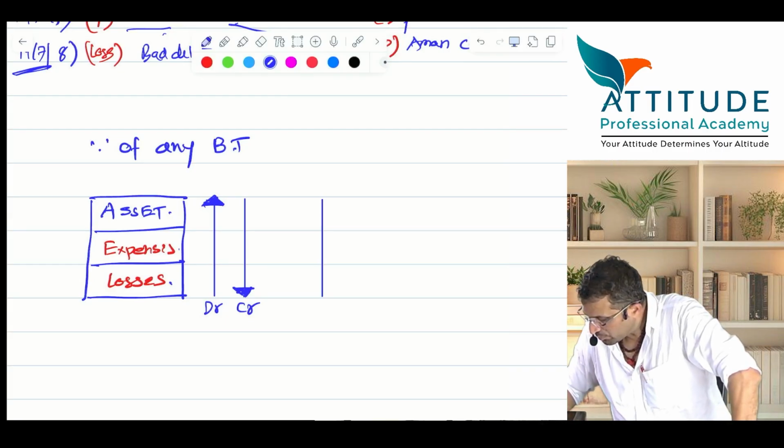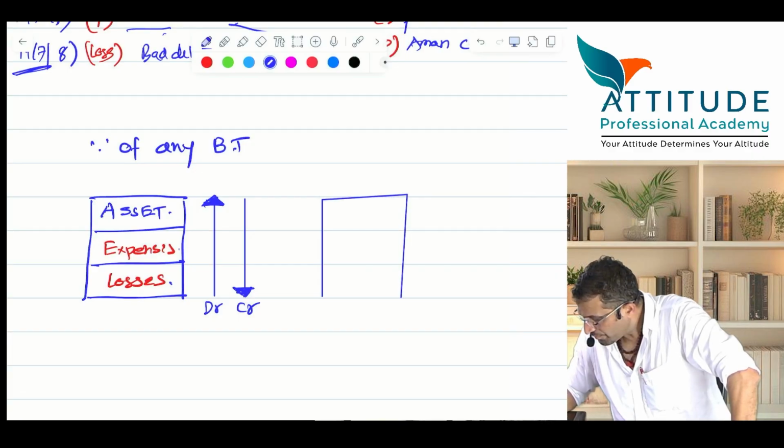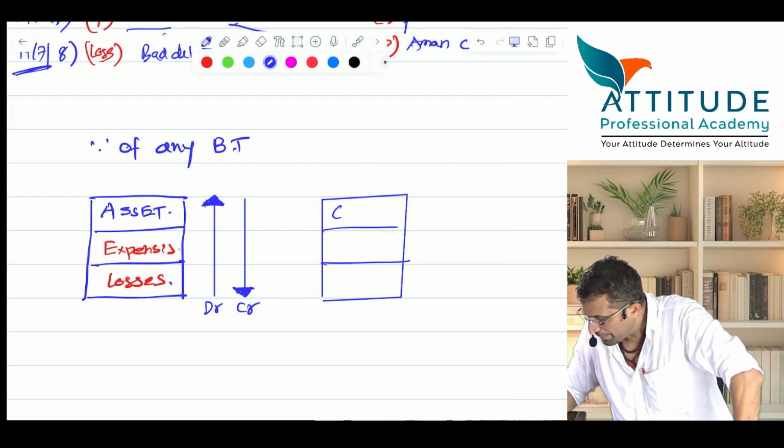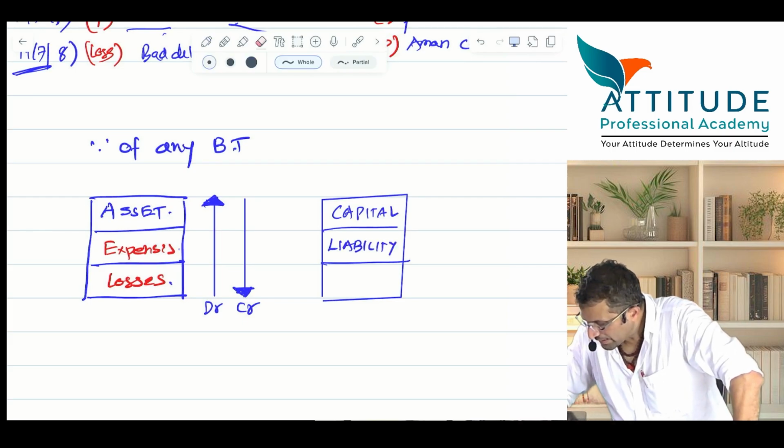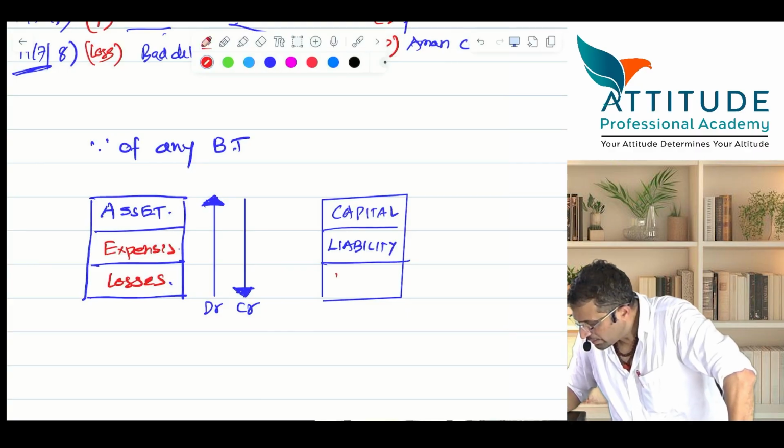Similarly, there are three more items. Because of any business transaction, if capital, liability and incomes or gains. Incomes or gains.